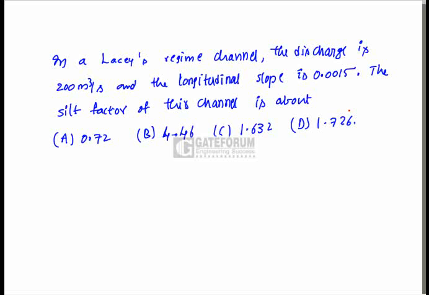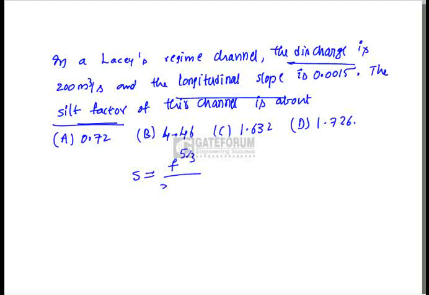In this problem, we have to find out the silt factor. We know the relationship in Lacey's theory between discharge, longitudinal slope and silt factor. That is, slope is equal to silt factor power 5 by 3 divided by 3340 into Q power 1 by 6, where Q is discharge.